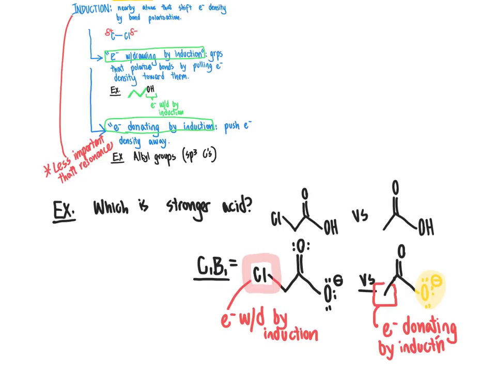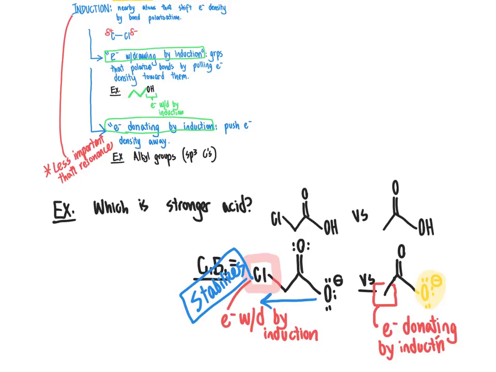So it's going to pull electron density from over here, pulling that electron density this way, and therefore it's going to be able to delocalize or spread out and share a little bit of that negative formal charge over multiple atoms. So that is going to stabilize this conjugate base relative to the situation on the right where we had instead a CH3 group that would be trying to donate electrons. We want a group that withdraws electrons to stabilize anions.